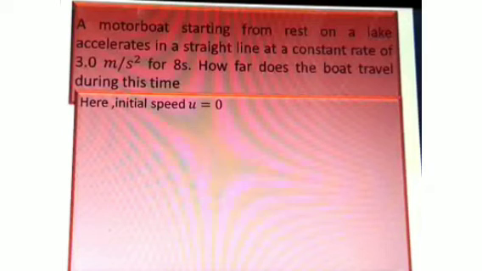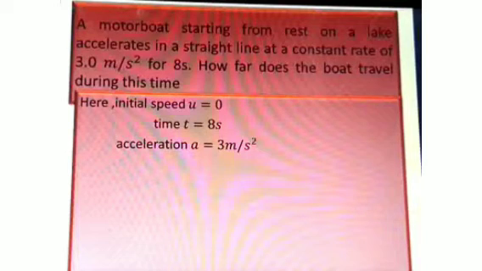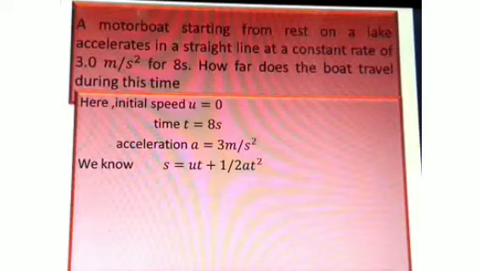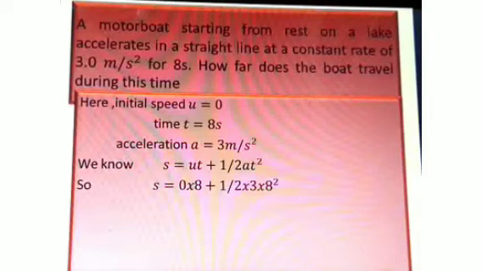Here the initial speed u, the starting speed, is equal to 0. Time t is equal to 8 seconds. Acceleration a is equal to 3 m/s^2. Then we know that s = ut + 1/2 at^2. From that relation, we can calculate the distance travelled.